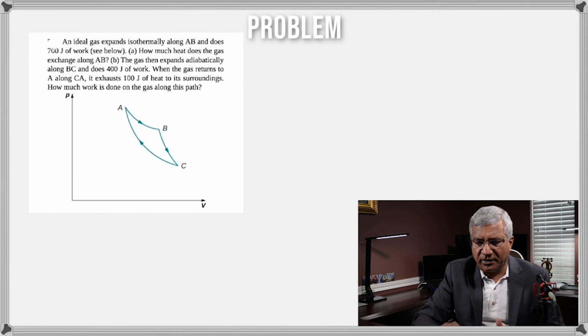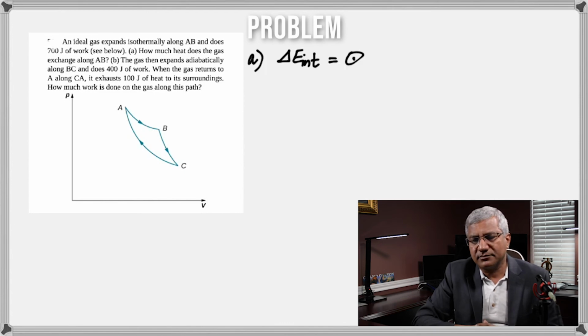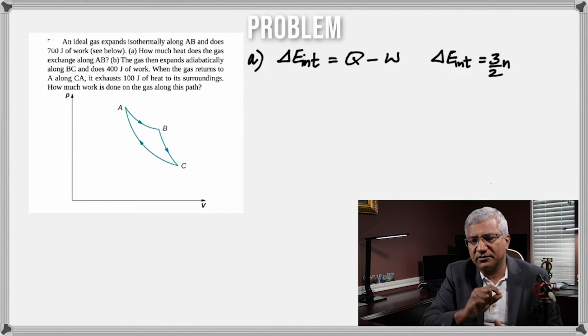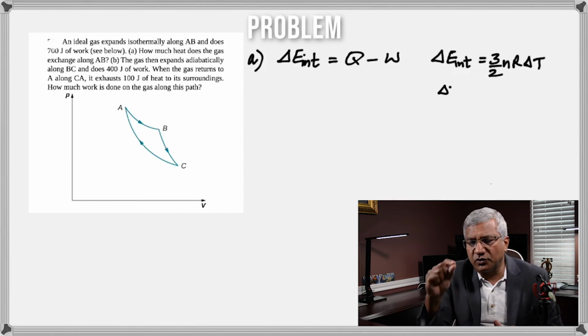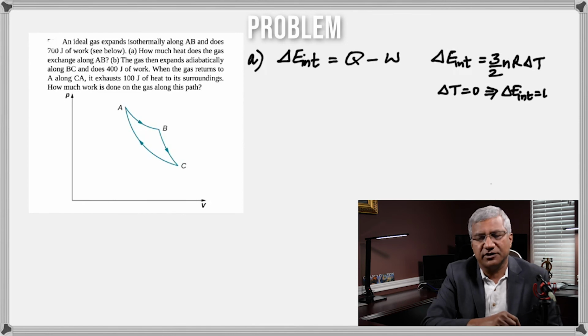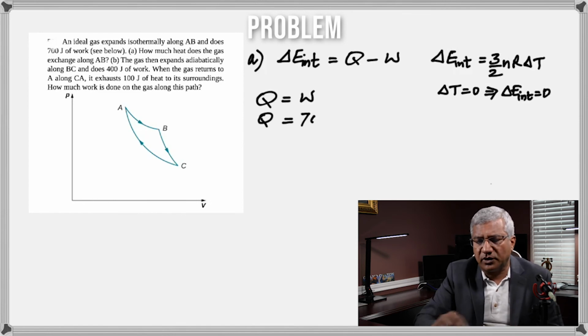Right? Therefore, when you apply the first law of thermodynamics, there is no change in internal energy because it's an isothermal process. The change in internal energy is zero, since the change in temperature is zero. So Q is equal to work.